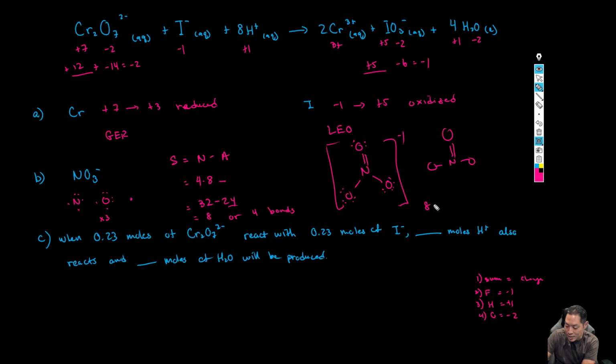So it's going to be 8 times 0.23, which happens to be, I'm going to look at my cheat sheet so I don't have to do the calculations, 1.84. Also reacts with, that doesn't make sense. Produces, I'm missing something. Let me check.